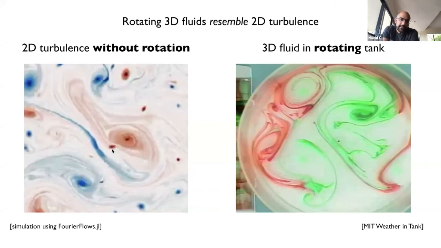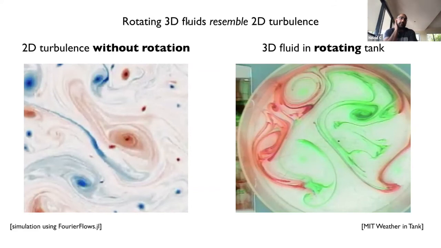Then you can see how the dye in the rotating tank experiment we were seeing yesterday shows structure that resembles the animation of the 2D turbulence.